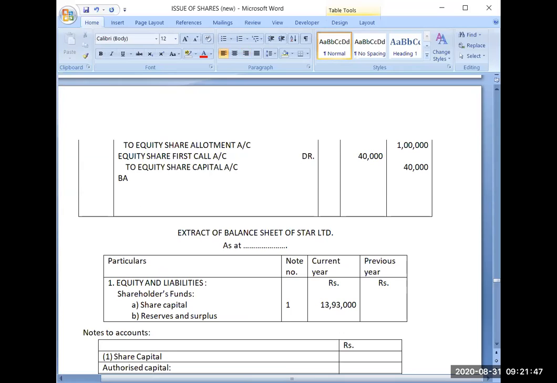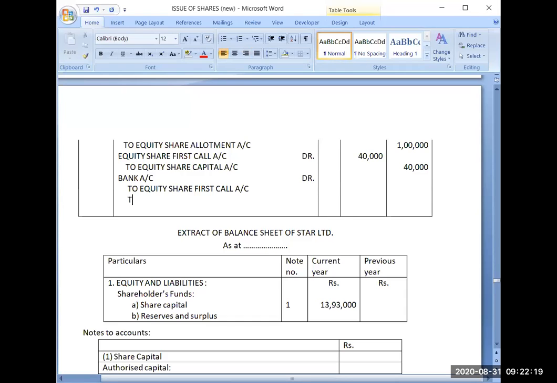Now bank entry will be there. In this entry you have to be careful. Bank account debit. Amounts we will do later. Some amount you have not received, so I am not opening calls in arrear account here. To equity share first call account.